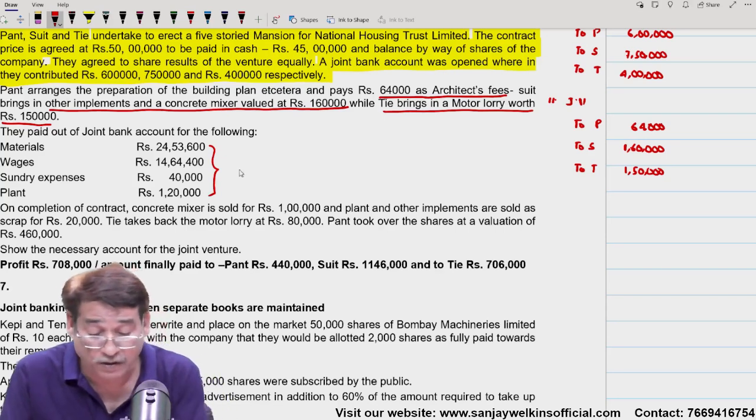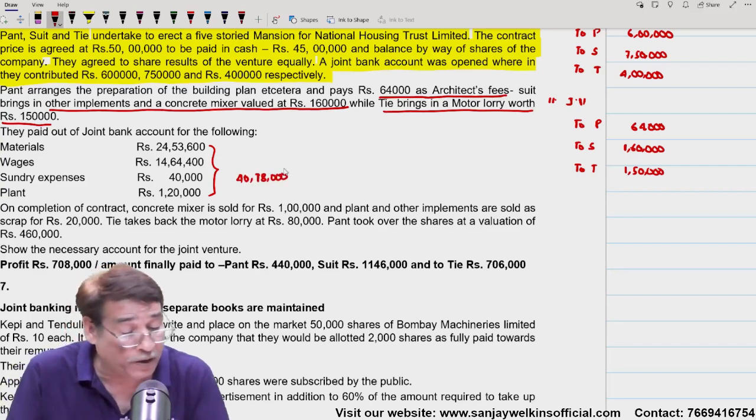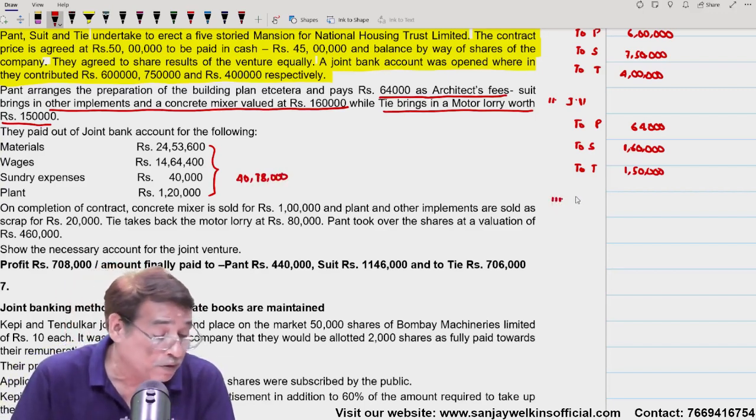So total is equal to 40,78,000. So your third entry will be joint venture account debit to joint bank account for the expenses, 40,78,000.